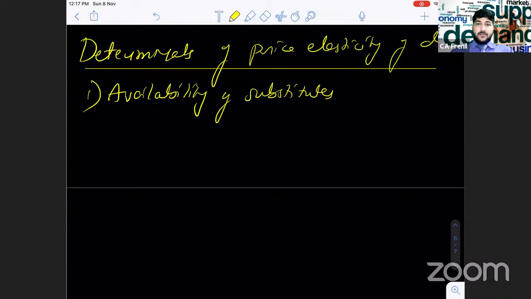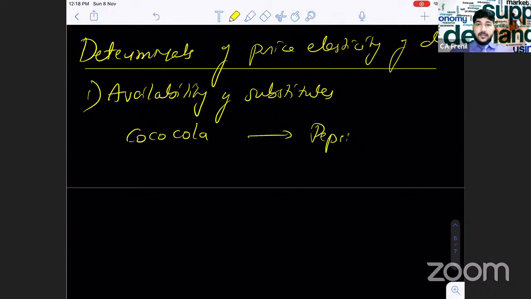Next, availability of substitutes. One of the most important determinants of elasticity is the degree of availability of close substitutes. Some commodities, for example Coca-Cola, have very close substitutes. What is it? Pepsi.